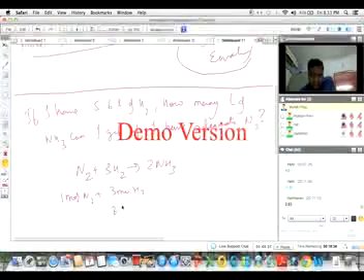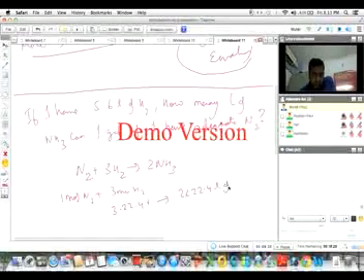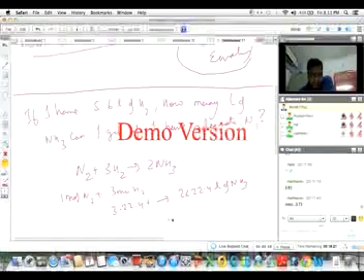That means I need 3 into 22.4 liters of H2. That will give me 2 into 22.4 liters of NH3. So 1 liter of H2 will give me 2 by 3 liters of NH3.